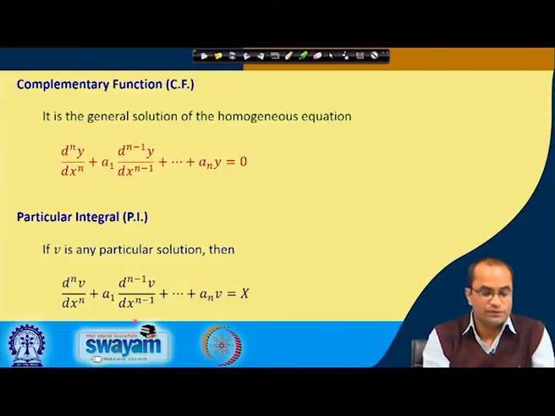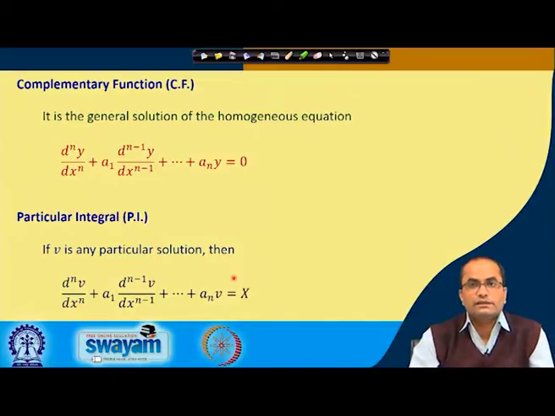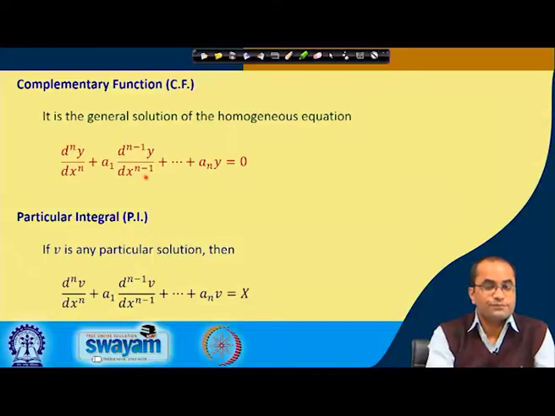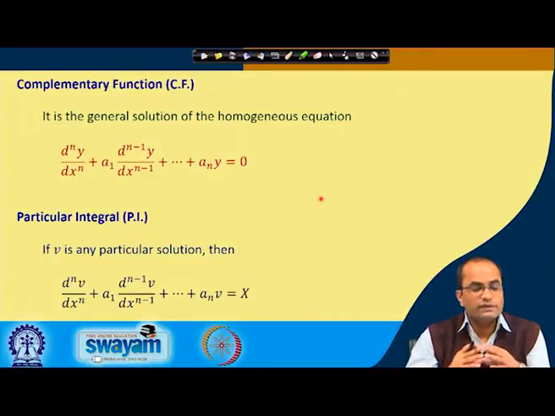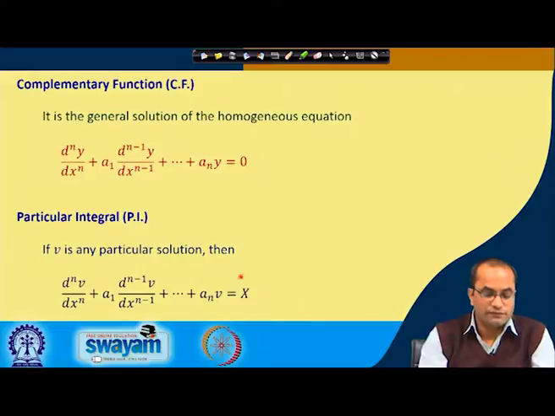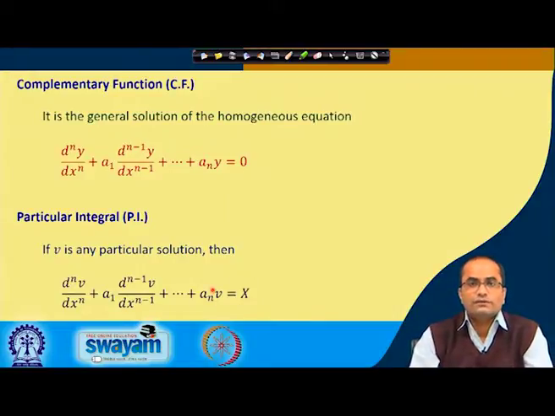When we substitute v in the left-hand side, we should get the right-hand side X. That is how we define the complementary function and the particular integral, as we have seen in the earlier slide, but we will prove it later. When we add the complementary function and the particular integral, we get the general solution of the given non-homogeneous differential equation.